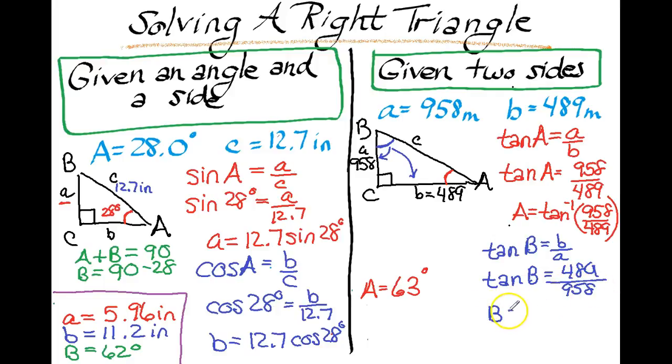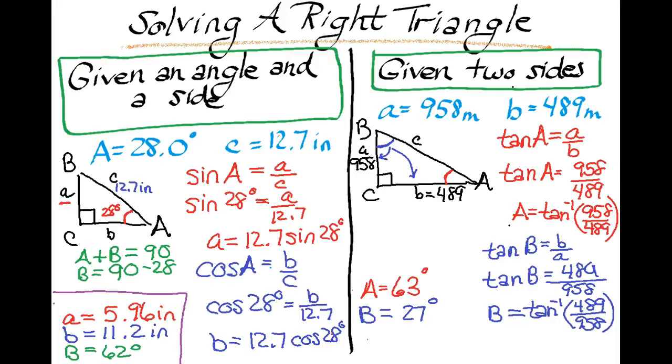In order to solve for the angle, we need to use the inverse tangent of 489 over 958. Again, with 3 significant digits, we end up with 27 degrees.